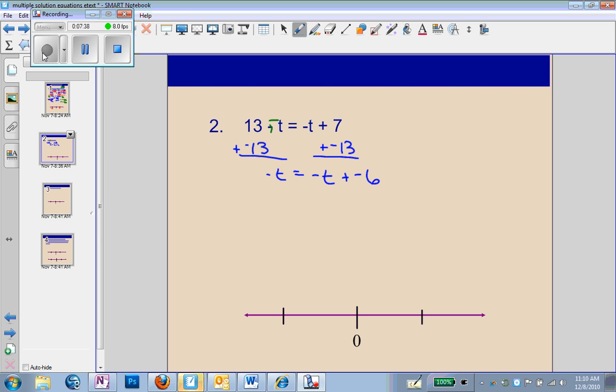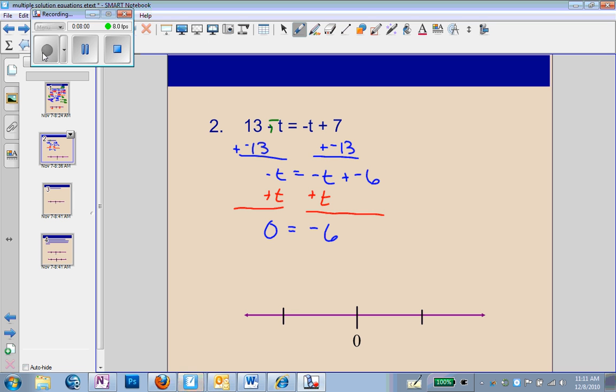Now we're going to add positive 2 to both sides so that we can bring our constants over to the left-hand side. And we end up with 0 equals negative 6.